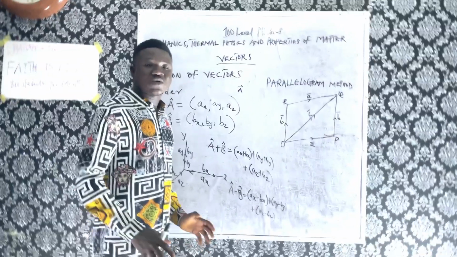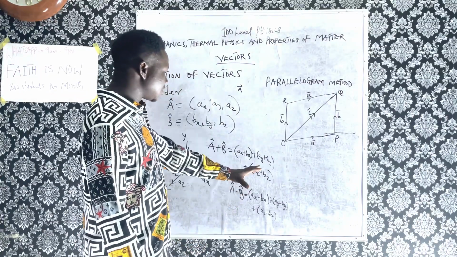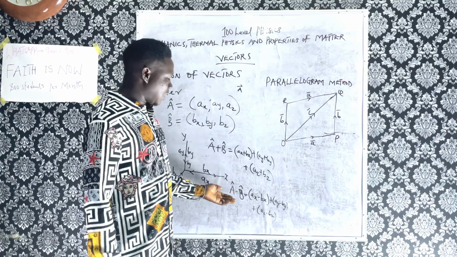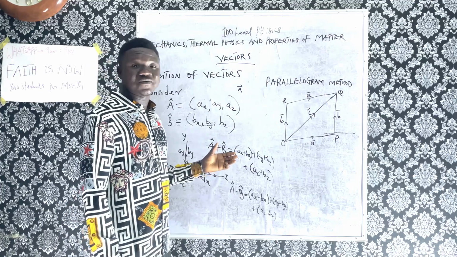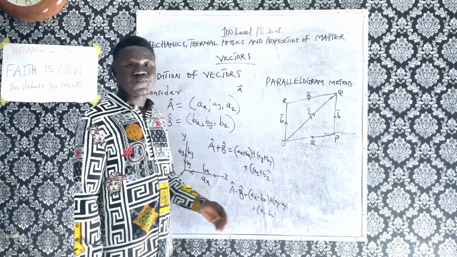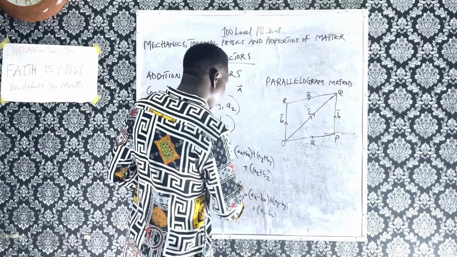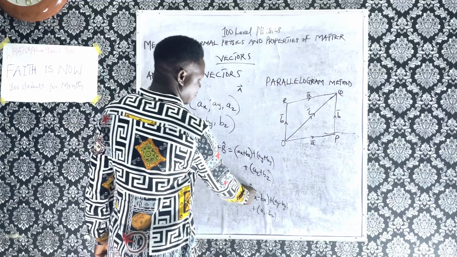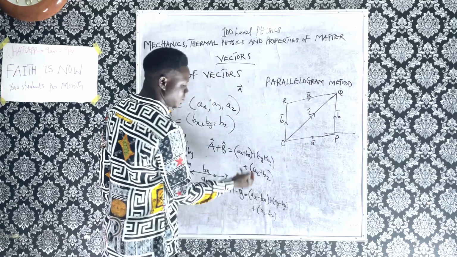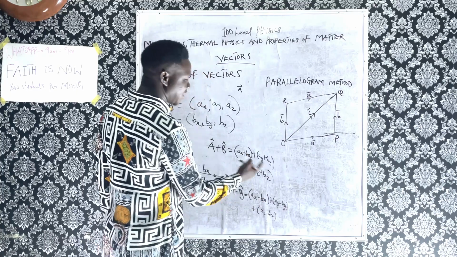Okay, so I want to look for the magnitude of this addition of the vectors. Now when we say magnitude of the vector, each of these additions and subtraction, they all have their direction.